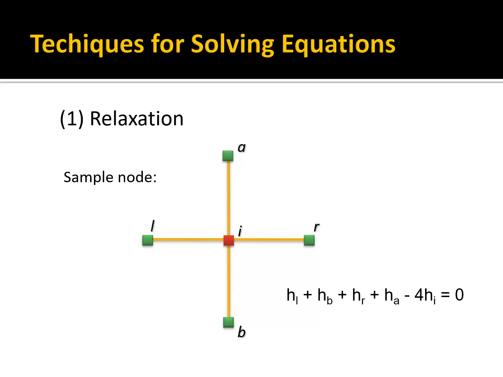But if you multiply both sides by 4 and then take everything to one side, you can write the same equation in this form where everything is equal to 0. What that means is if the heads at all 5 of these nodes have values that satisfy the governing equation, then when you add them up like this, the result will be 0.